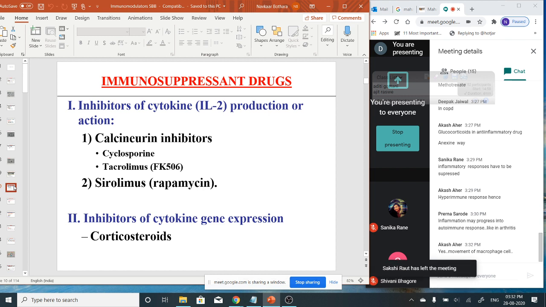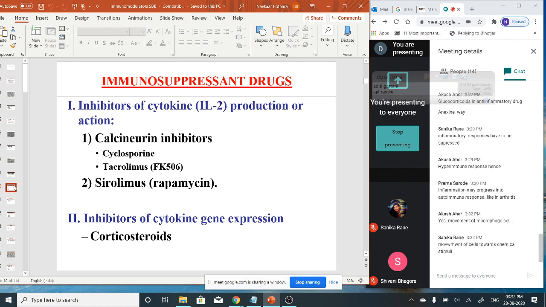Why is there a movement, not only of macrophages but many other WBCs as well? Who initiates this movement? What is the reason behind it? All of a sudden, why do they start moving to that area?